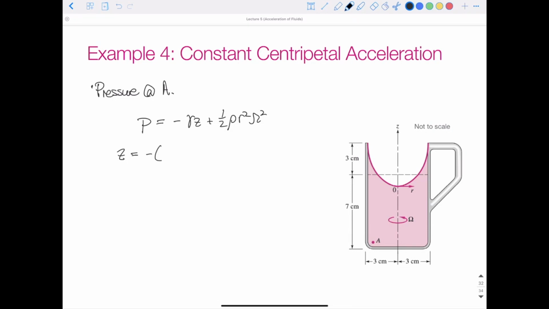So that would be negative 0.07 minus 0.03. And then our radius is right at the edge, so radius is 0.03 meters. Our pressure at A becomes 990 pascals.